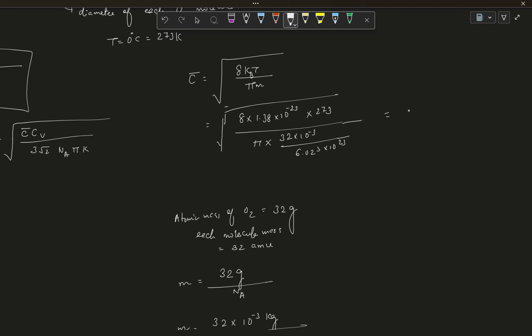So this square root is giving us around 424.9 meter per second. So this is the average velocity or mean velocity of the gas molecules, 424.9.